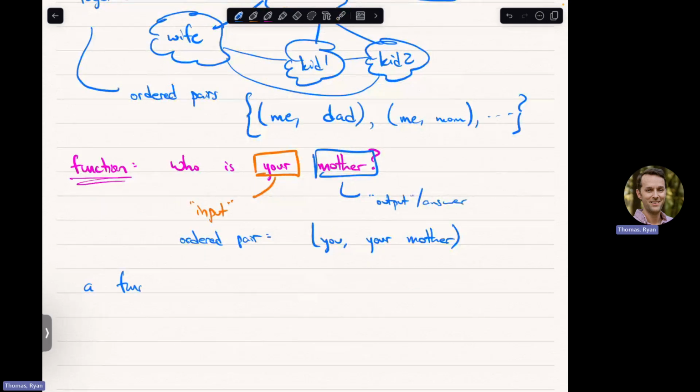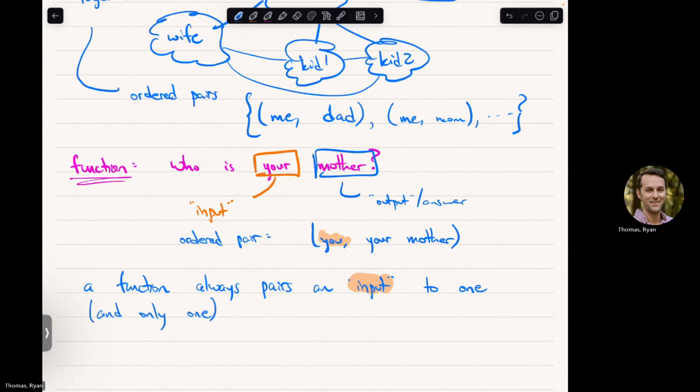So a function always pairs an input to one, and when I say one, I mean only one output, which is the answer part.